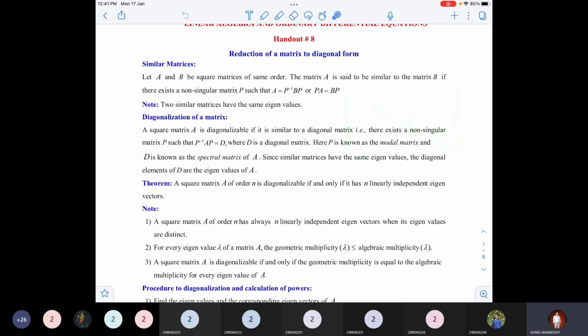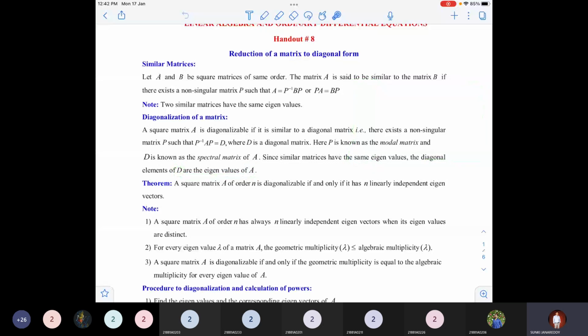Since similar matrices have the same eigenvalues, the principal diagonal elements of D are the eigenvalues of A. Just now I told you about that.